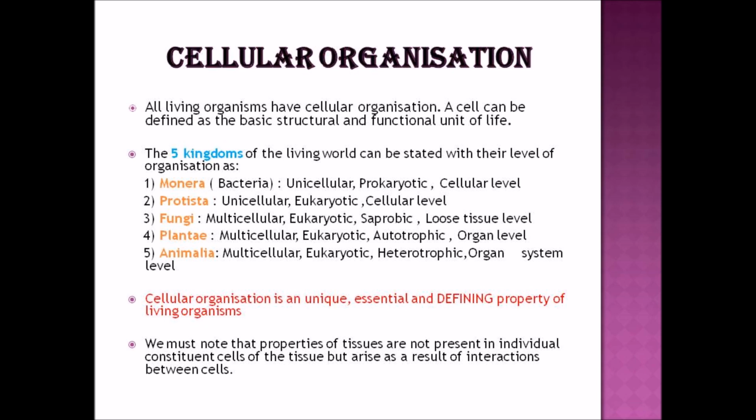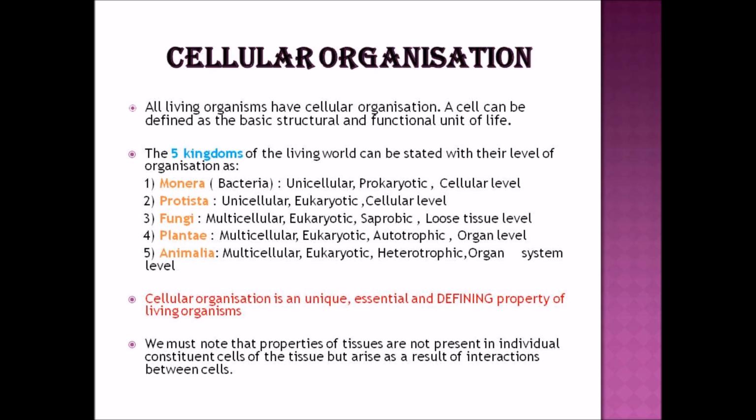The next kingdom is kingdom Fungi. Fungi includes multicellular, eukaryotic organisms. They are multicellular, meaning that they are made of more than one cell. Eukaryotic, as discussed earlier, means that they possess a well-defined nucleus.